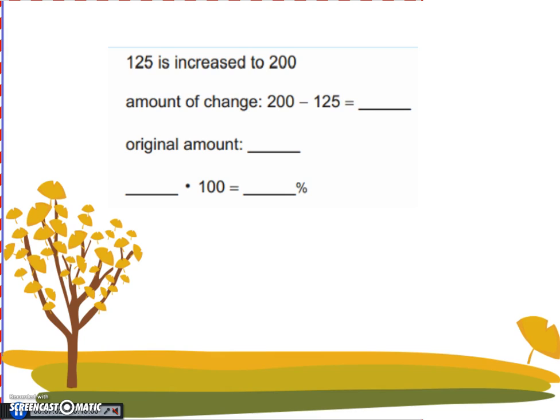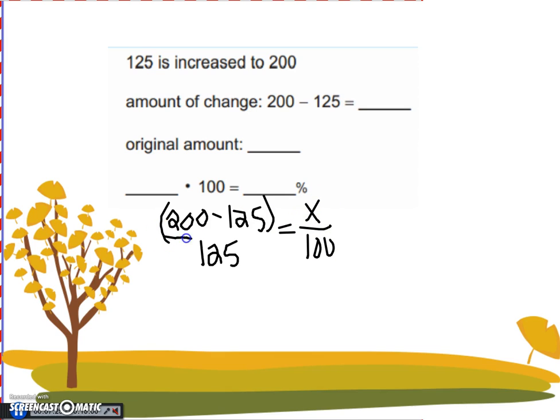Let's look at two more. So 125 is increased to 200. Well, the way that we're going to do it is we're going to find the part. So 200 minus 125 over the original amount, 125, equals x over 100. So 200 minus 125 is going to get me 75. So 75 times 100 is going to be 7,500.